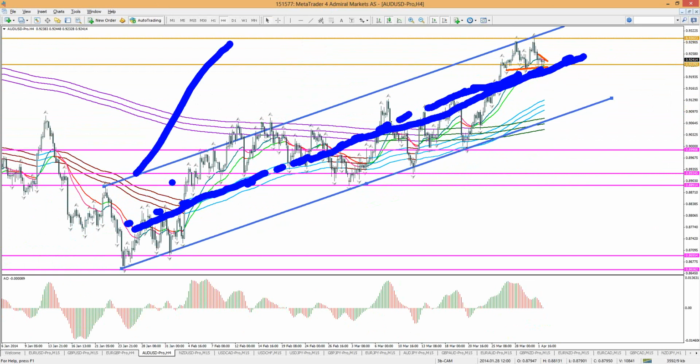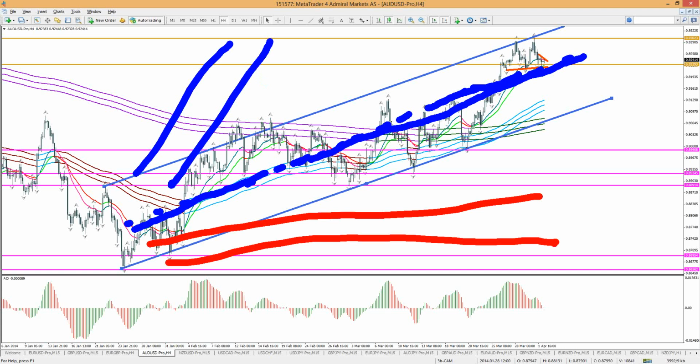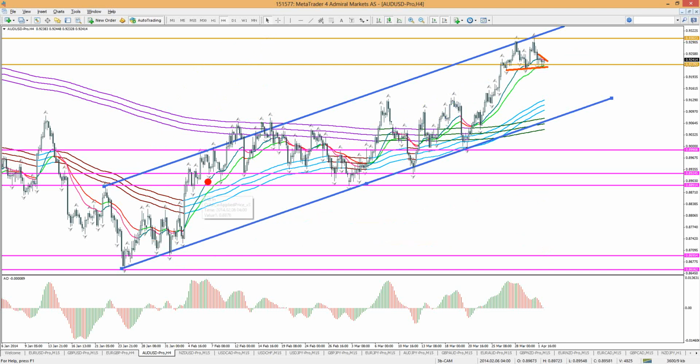If a channel is too steep, it's not a trend channel. If it's too shallow, it's not a trend channel. It's a consolidation or a bear flag. Also, not all price needs to be in that channel. It's okay if some price is outside of it, especially on the top, above it in the uptrend or below it in the downtrend.